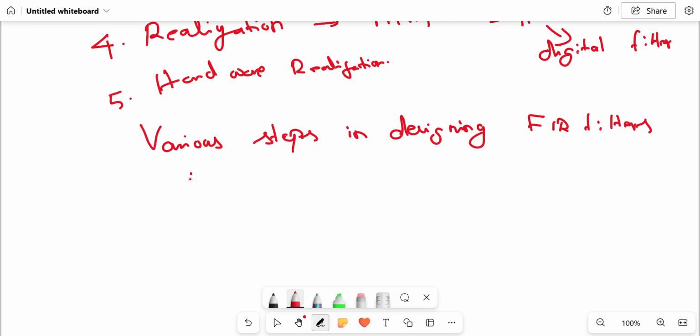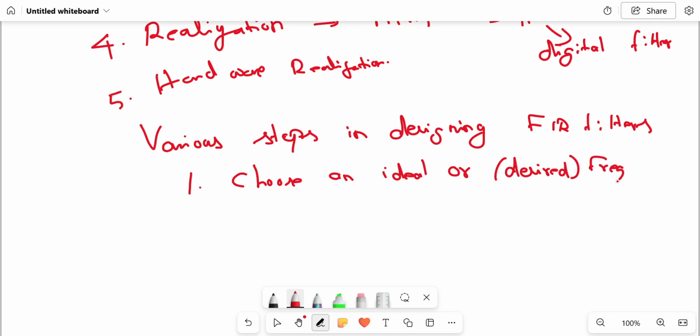The first step, choose an ideal, or you can say a desired, frequency response HD of omega.